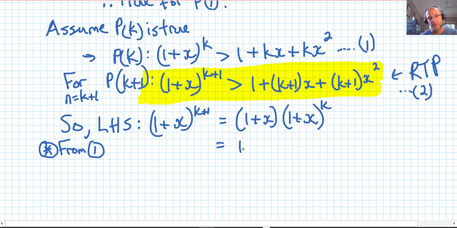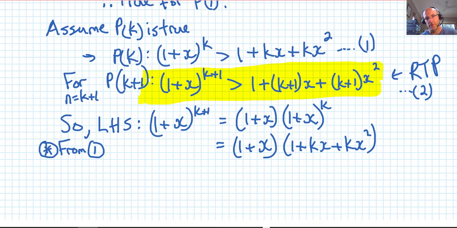So rewriting the line in a more creative way means that we're going to replace the (1 + x)^k. Because it's an assumption, we use it, and I have to change something right here, right now. Do you know what it is? Yes, it's the inequality. It's bigger than.